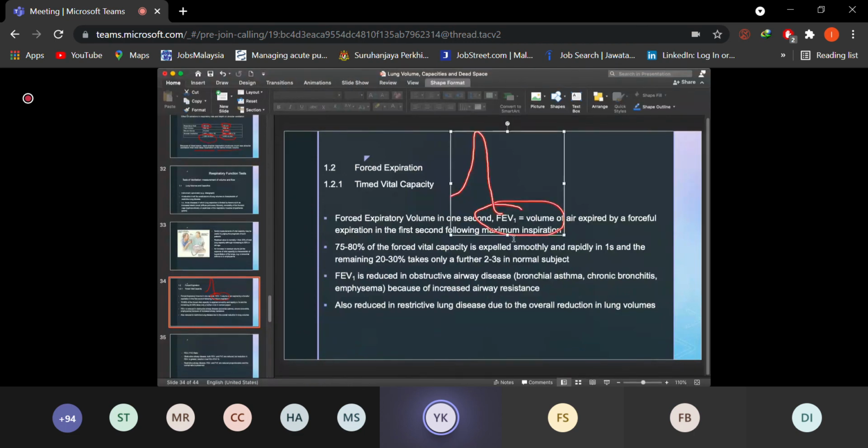Now you have to think back how to get the FEV1. That is an OSCE station. Frankly, to tell you, there's one OSCE station to measure the FEV1 to confirm whether the patient has a restrictive or obstructive pattern, or actually a normal pulmonary function test.